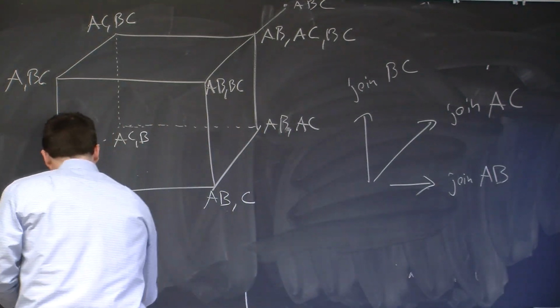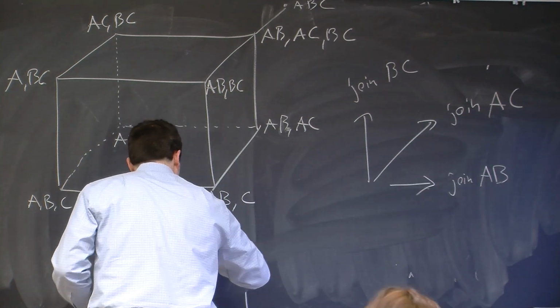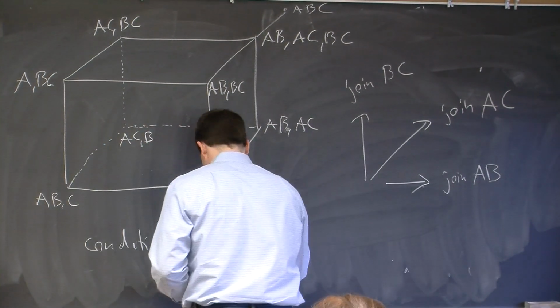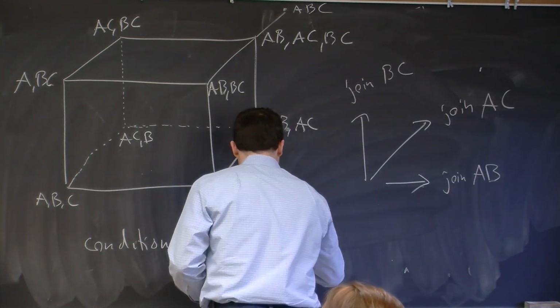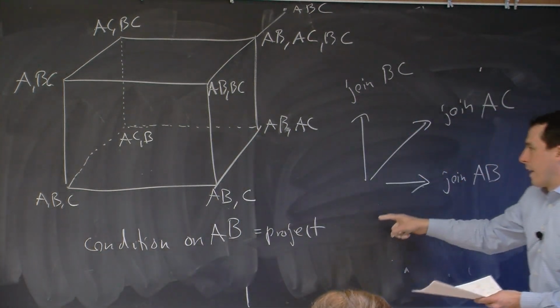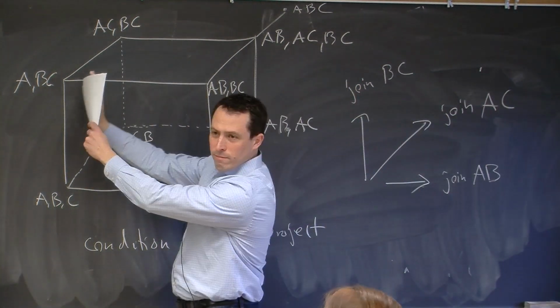Okay, so now what does it mean when we condition, as we did over here? I said it was some kind of quotient. If I condition on AB as a joint variable, that means I project. I take the direction join AB and collapse it.